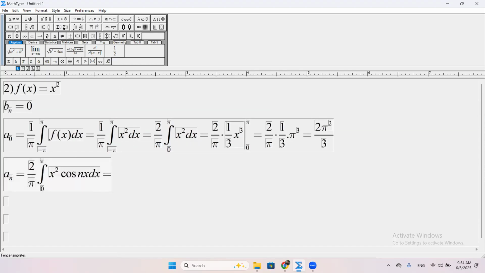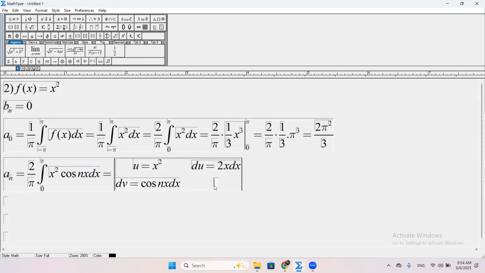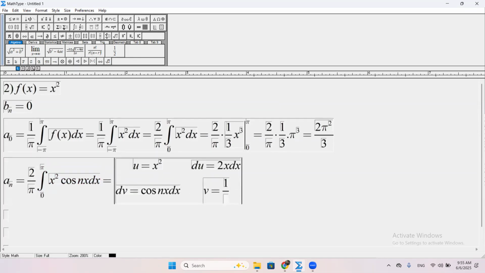How to calculate this integral? Let's remember integration by parts. So u will be equal x square, du equals 2x dx, dv equals cosine of nx dx, and v equals 1 over n sine of nx.